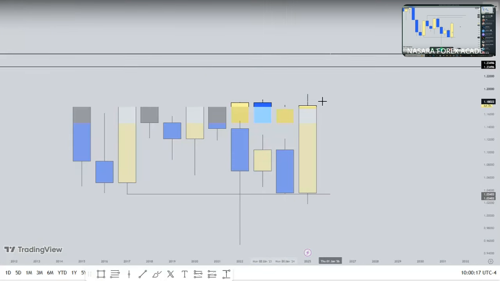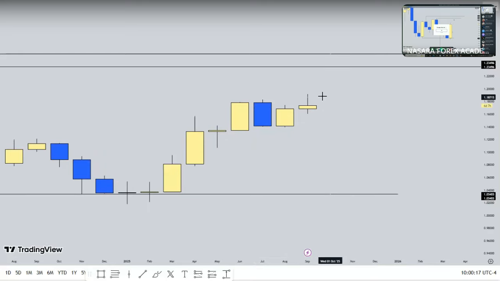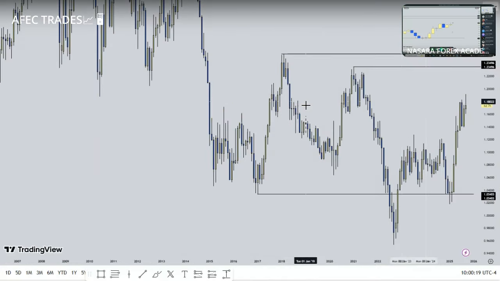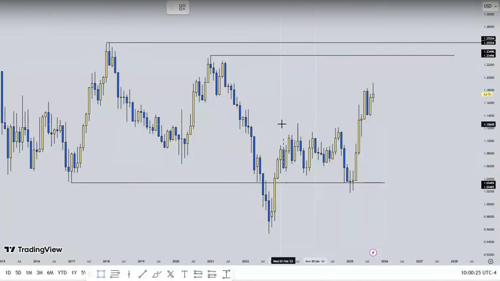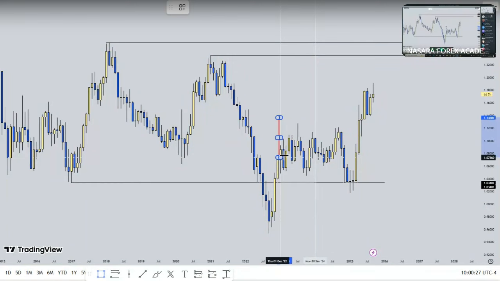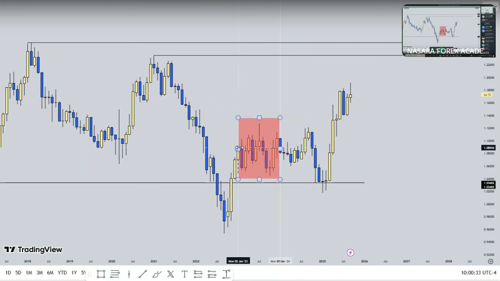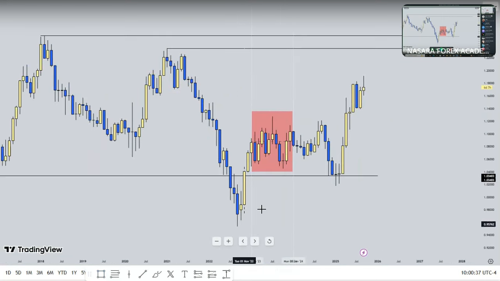Let's see on our monthly chart. So we have this year as the consolidation, which is 2023. After the consolidation, we have a perfect range, which is this low and then this high, right?